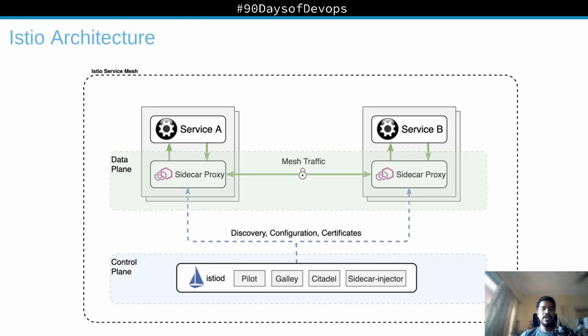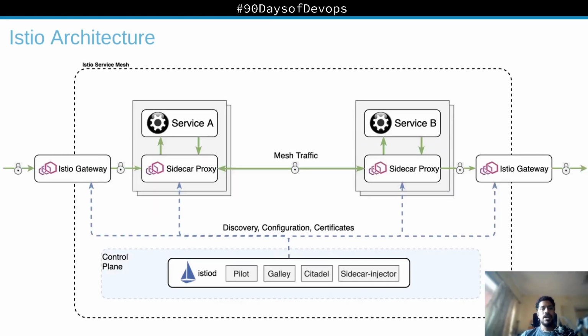And what istiod is basically is a control plane. So you tell istiod, okay, I want a virtual service or something like that, and then it would translate the configuration into Envoy configuration and push it to the sidecar proxy. There's also the matter of traffic inside the mesh and outside the mesh. This is called ingress and egress.